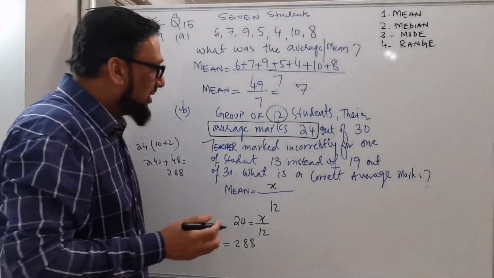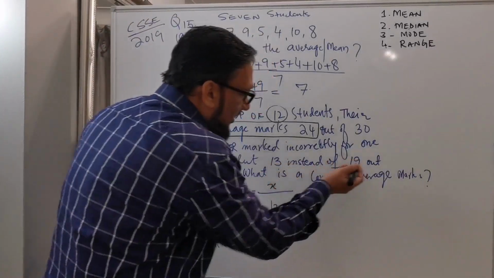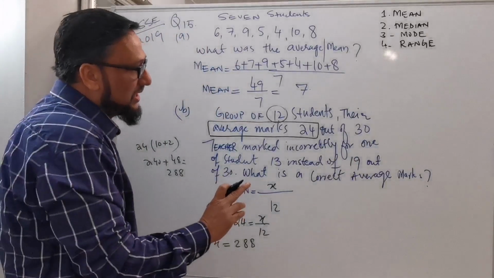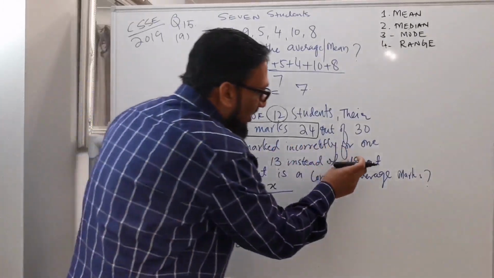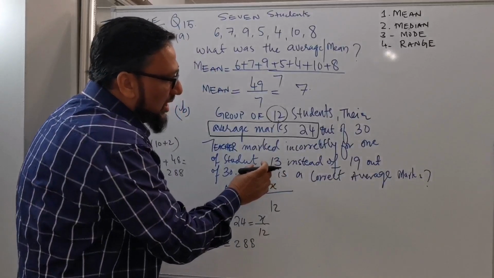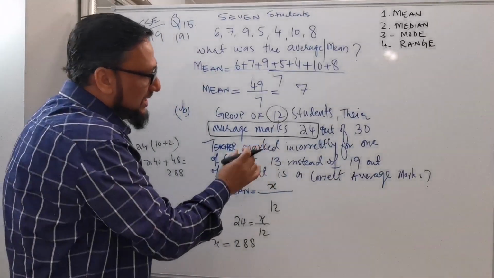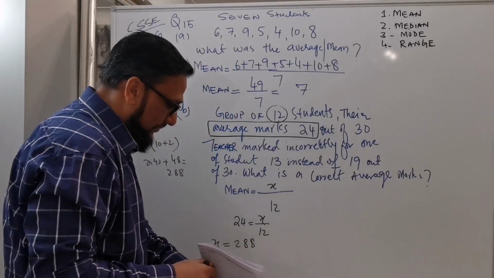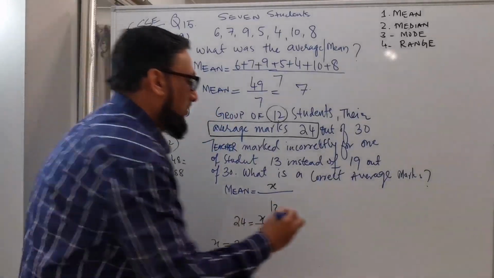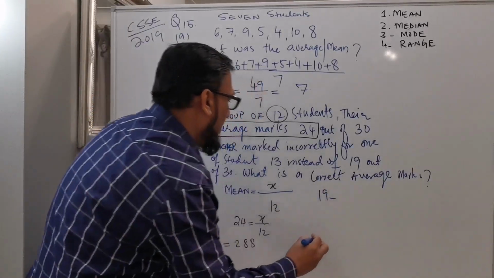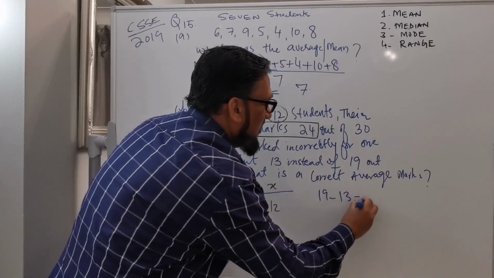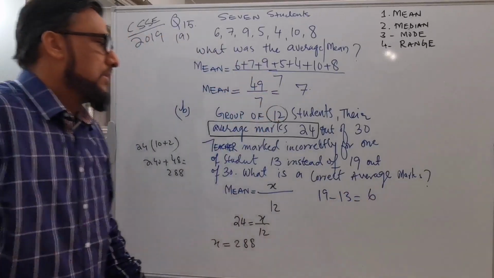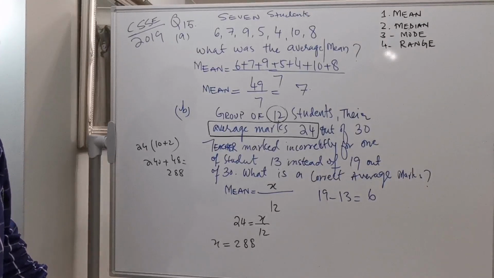But now it says the correct mark is 19. So the difference between the correct and incorrect marks is 19 take away 13, which means 6 marks.